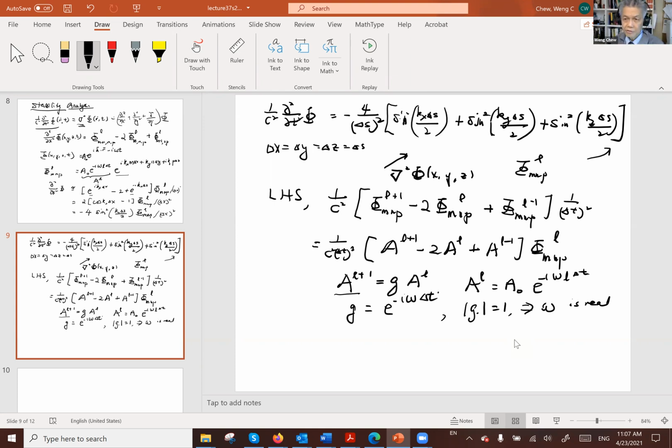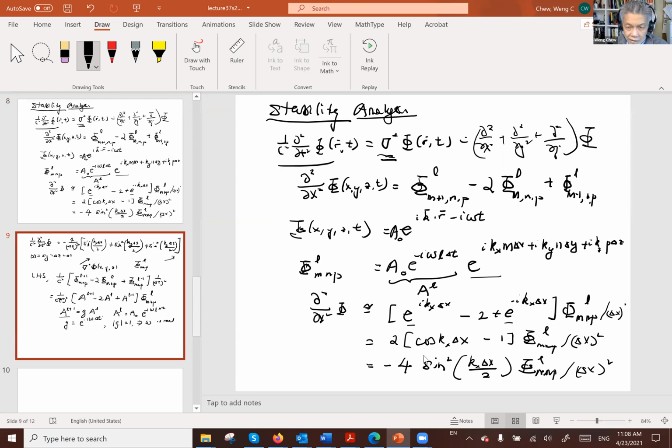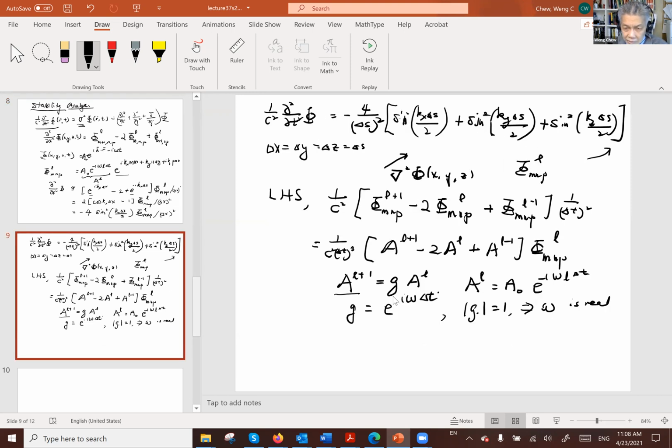So the Fourier mode that you're putting through the system has to have a real frequency. If, however, you choose your grid size and the time step in such a way that omega becomes a complex number, then g is not guaranteed to have magnitude 1, and you will have amplification, which gives rise to instability.